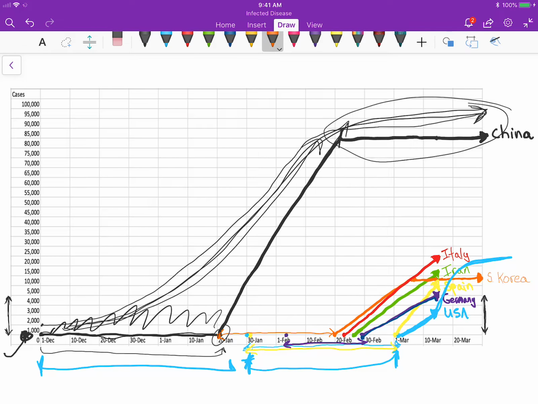So they had their first case report around January 20th, so about 10 days before the US. They had this amount of lag time period here, and then they see a jump in cases on February 20th. But look at this. March 1st, or right at the beginning of March, Korea sees a leveling off of the number of new cases. I think that they're up to 7 to 8,000 today.